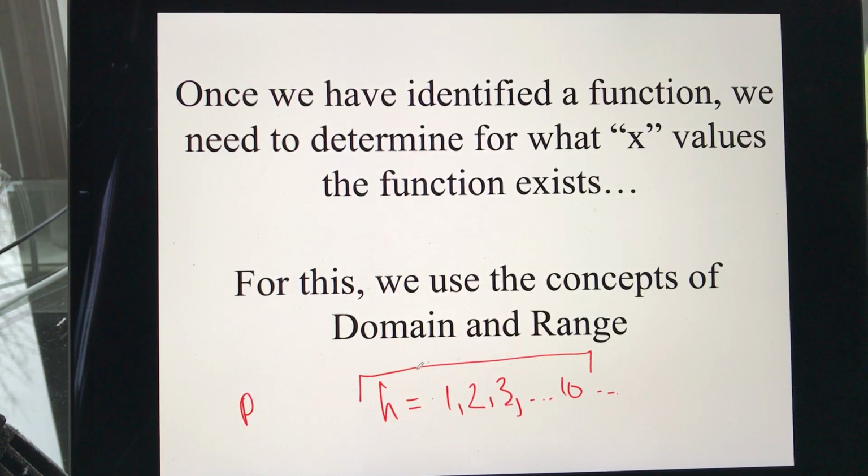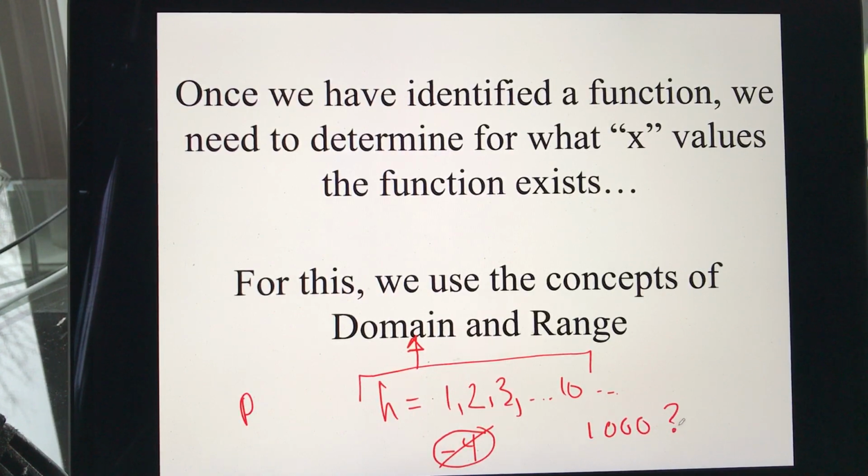The domain is all the possible values that really make sense for the x value, or in this case, the h value. The domain wouldn't be negative. You can't work -4 hours, so it wouldn't make sense to have a negative domain. And it also wouldn't make sense to allow the domain to go up to 1,000.